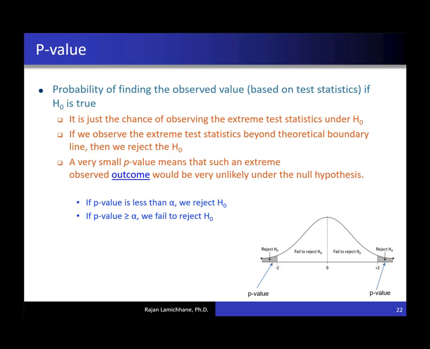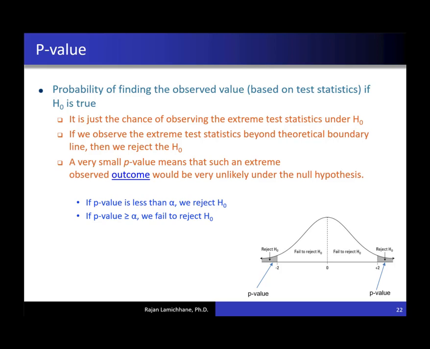And you can think that if the p-value is very small, that means an extreme observed outcome that would be very unlikely under the null hypothesis. Because we are dealing with a population and we draw a sample, now we want to see whether the value from the sample is a realistic value or just by chance.